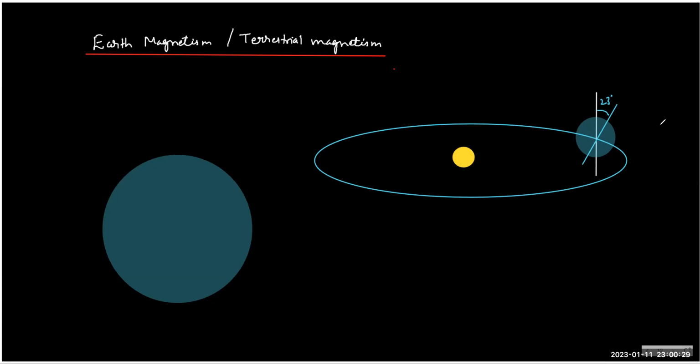Okay. Now, what is the cause? Of course, it was a mystery for a long time, but what is the cause of Earth's magnetism? What creates it? The Earth's core. Yes, the core is in a plasma state.